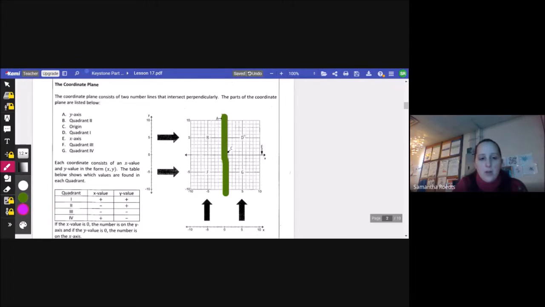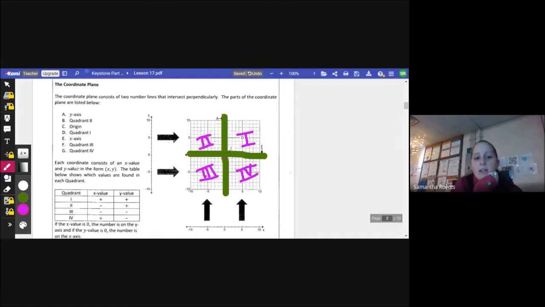This is quadrant 2. The origin is right here at the center. Quadrant 1. The x-axis. Quadrant 3. And quadrant 4.